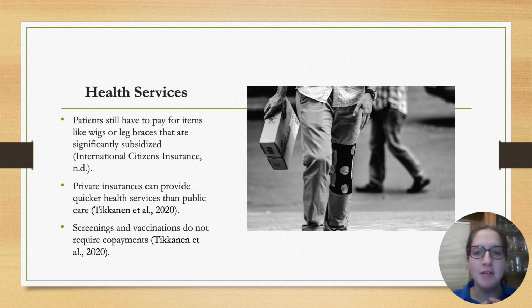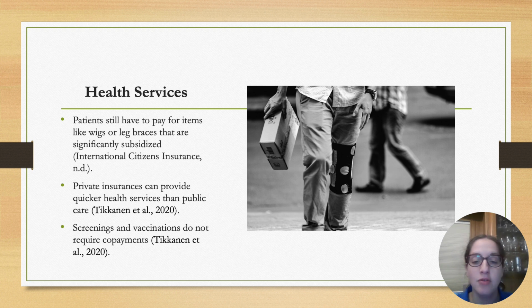Okay, so for this piece, this will show the healthcare services that might be limited, such as for patients having to pay for items like wigs if they have cancer or leg braces, but they're still significantly subsidized according to International Citizens Insurance, ND. Now, private insurance can provide quicker healthcare services than public care.